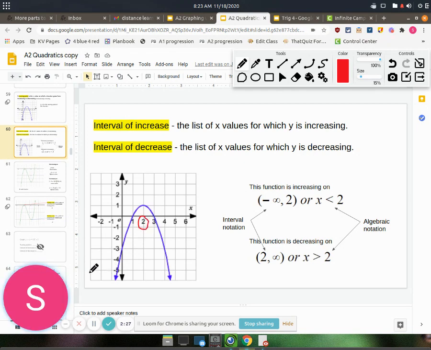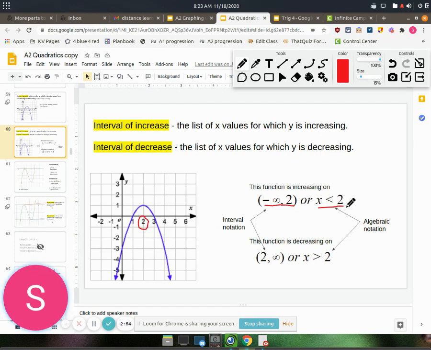So for all the numbers before 2, from negative infinity to 2, this function is getting bigger and bigger. This would be your interval of increase. You could also say that in algebraic notation: it would be all the numbers that are less than 2.